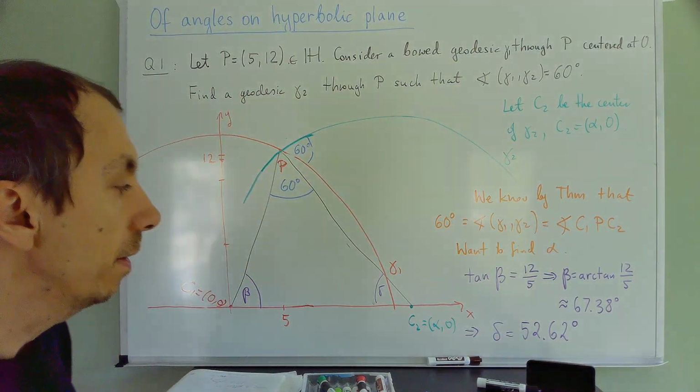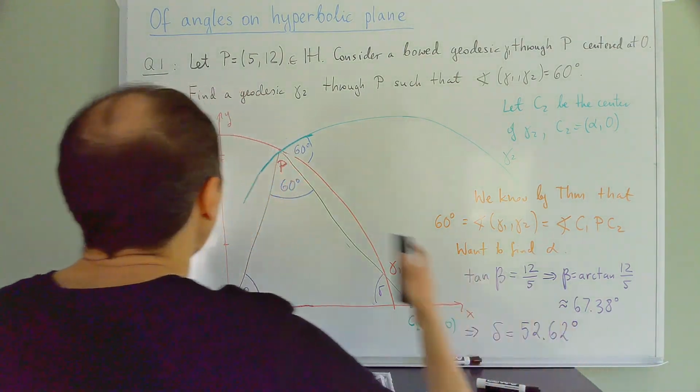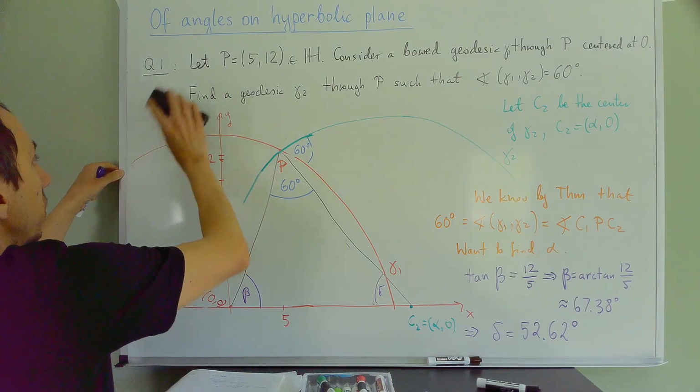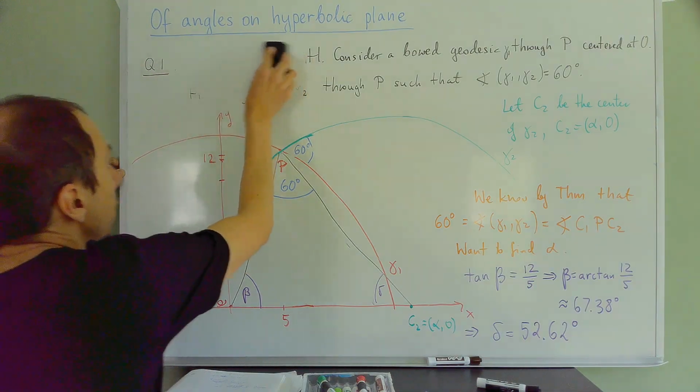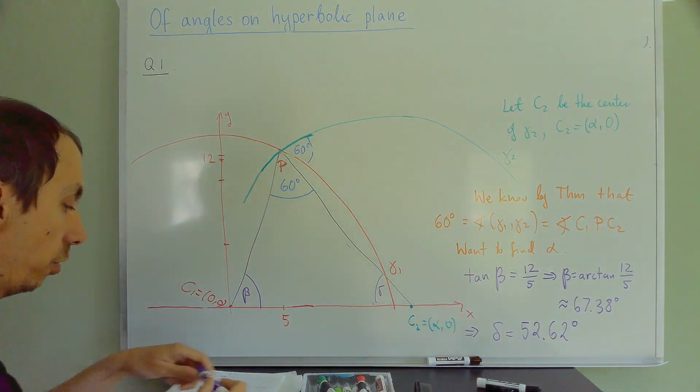So how do I get alpha? Now I'm just going to use the law of sines in a Euclidean triangle. After all, this is a Euclidean triangle.